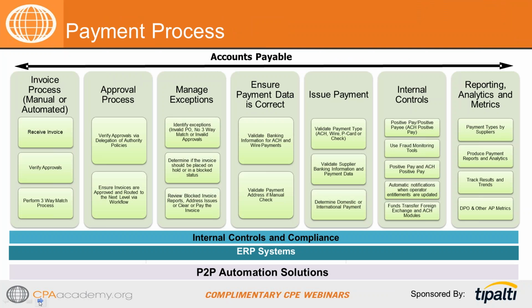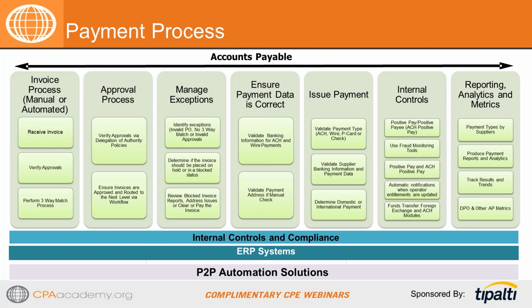All right, the payment process. I want to make sure I'm allowing enough time here, but with an automated process, we want to make sure that we're paying, of course, the correct supplier using the correct banking information.